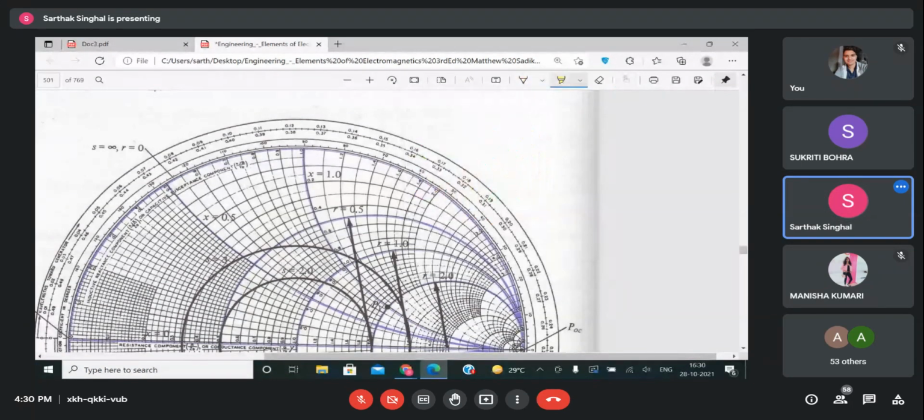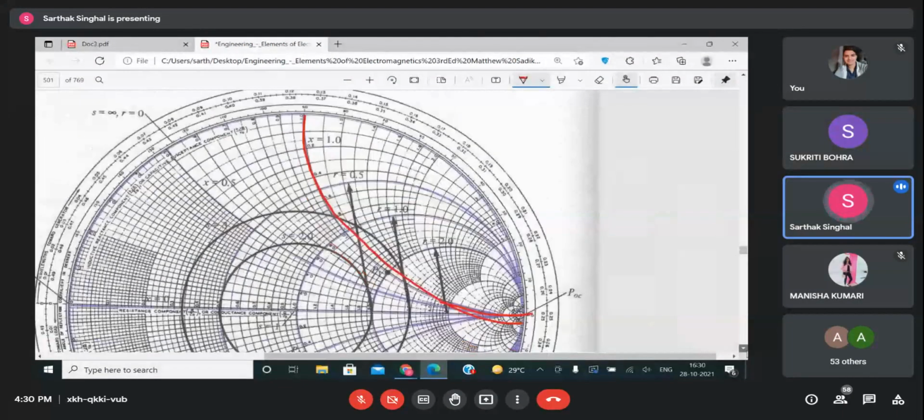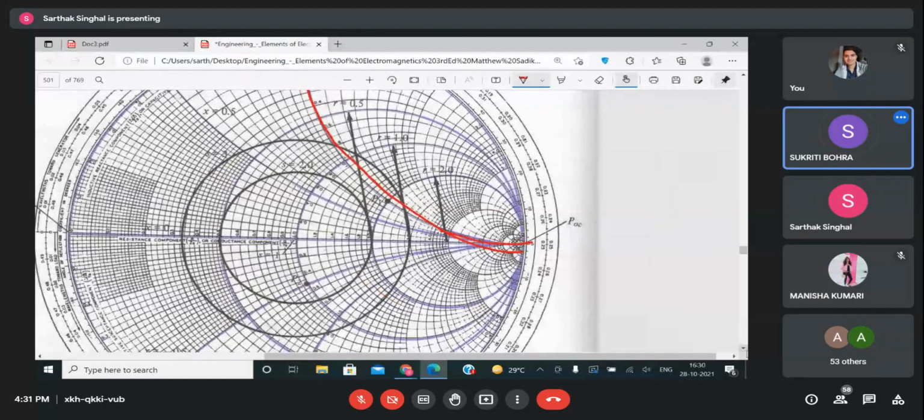Okay? Are you able to see this red line? Yes, sir. So this is your x equal to 1 line. Okay? And these are your resistance circles. Okay? Yes, sir.